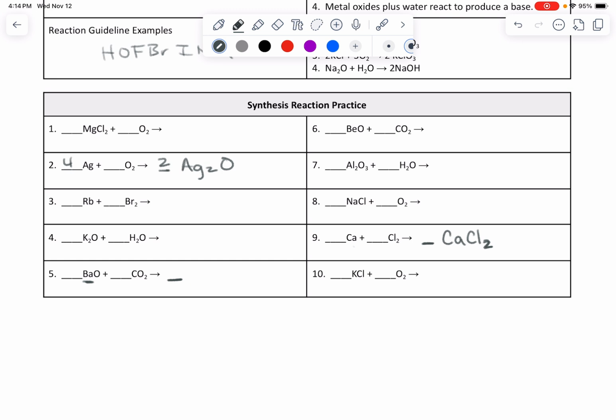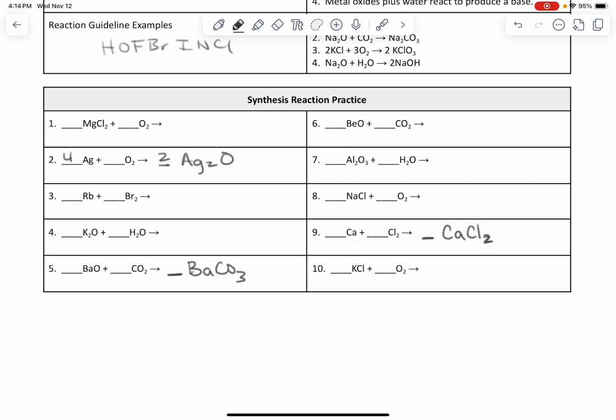Barium's charge is 2 plus. Carbonate's charge is 2 minus, so we're going to end up with BaCO3 as our product on this side. We would obviously need to check to see that this is balanced, and when I look at it, it is. So 1, 1, 1, and 1, this is already balanced.